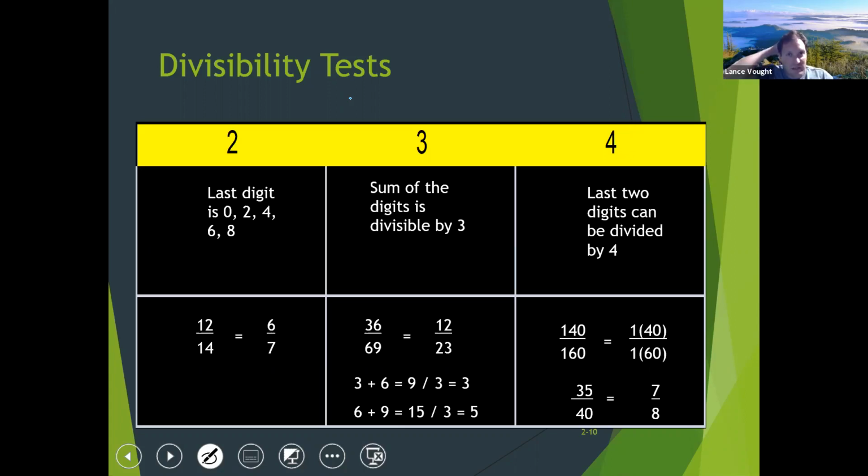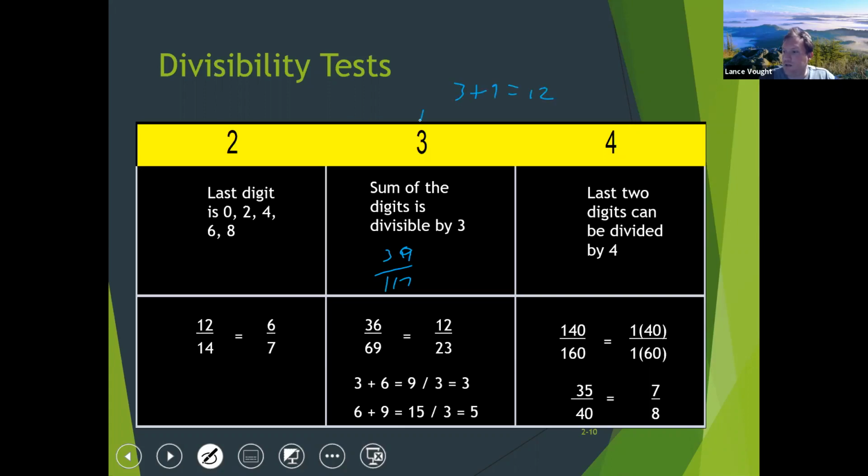Let's say we have 39 divided by 117. Does 39 divided by 117 look like it's simplifiable, or both of them are divisible by 3 on their face? Maybe they do, maybe they don't. But if you add 3 plus 9 together, you get 12.